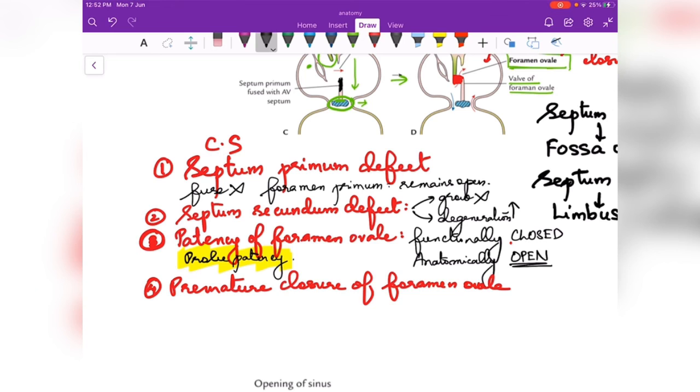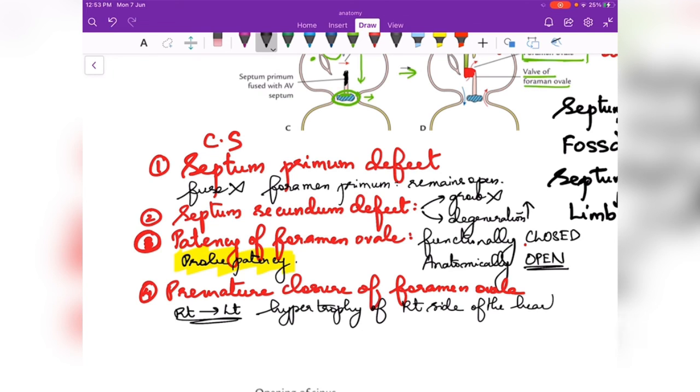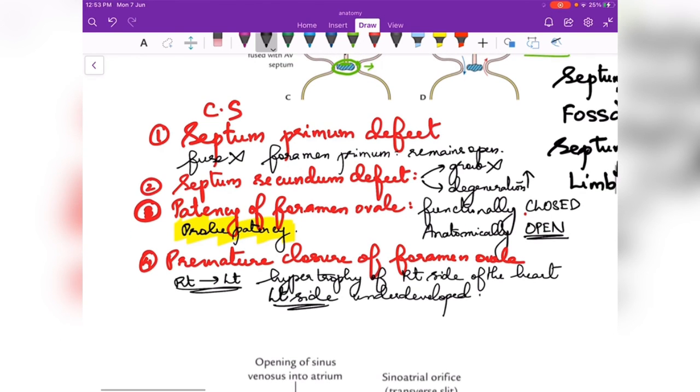But if it closes early, in intrauterine life itself, the right to left shunt will not occur, and there will be hypertrophy of the right side of the heart, and the left side will be underdeveloped. That's what happens in premature closure of the foramen ovale.